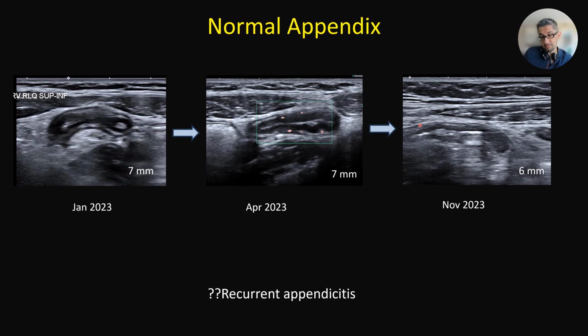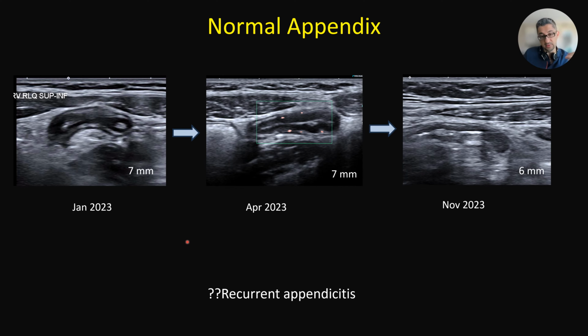And in November, there is now not much lymphoid hyperplasia. The lamina propria measures thinner than the previous ultrasounds. The diameter is now 6 millimeters, so normalized. So this was not a recurrent appendicitis, but just recurrent lymphoid hyperplasia.